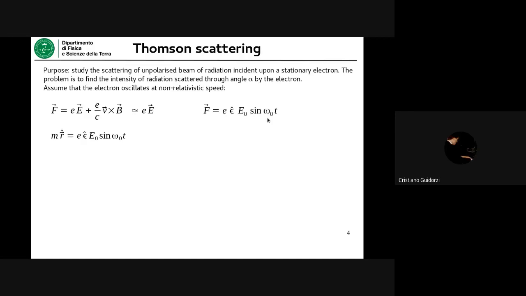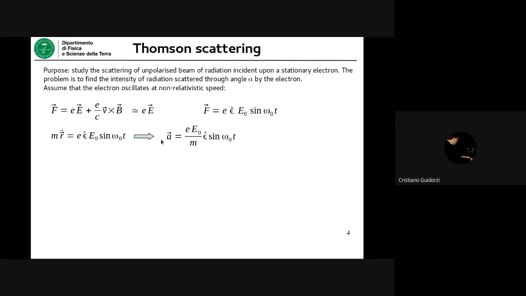This resulting force acting on the electron is just m times the acceleration of the electron. So the acceleration, which I call a here, is this over m. Epsilon here, I didn't say, is the unit vector along which the electric field oscillates. Of course it's perpendicular to the direction of propagation of the wave.